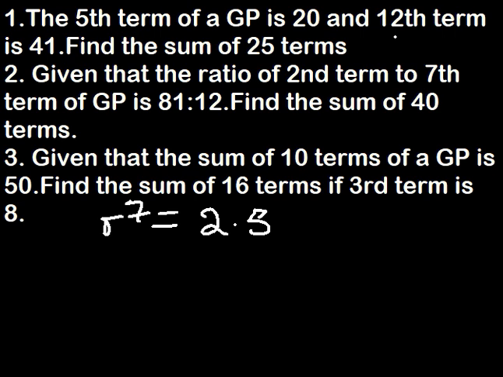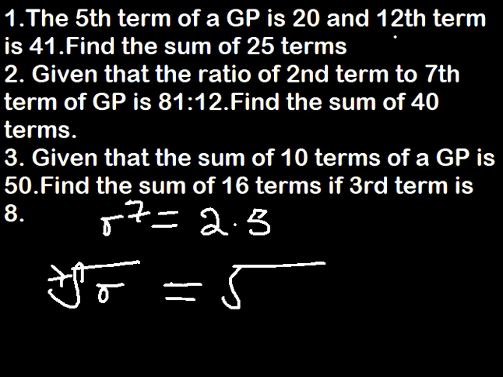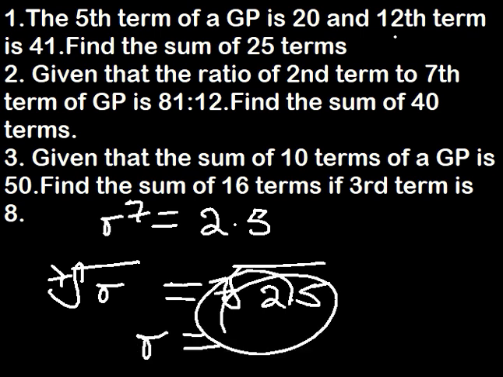Then what comes next is to introduce the 7th root on both sides in order to solve for r. Then you'll be able to solve for r in this case. You just have to know how to make use of a calculator.